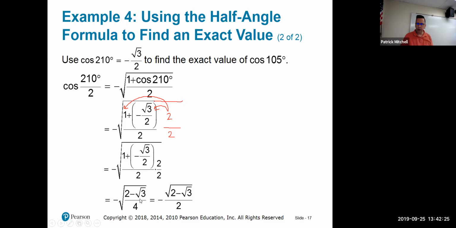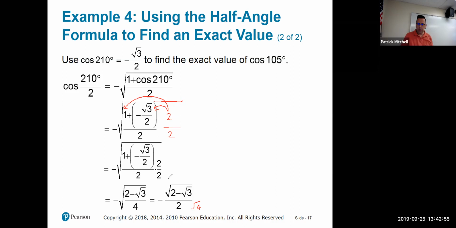And then on the bottom, you have 2 times 2 is 4. And then we can use the quotient rule for radicals. You have this radical over the whole entire thing. So the bottom becomes a 2 because it's just the square root of 4, right?